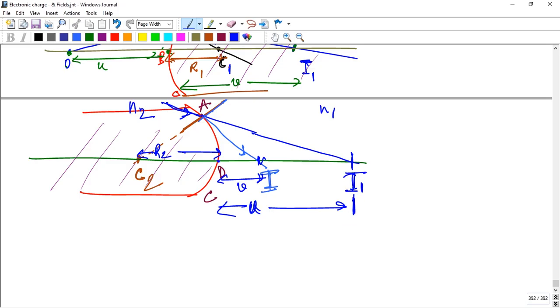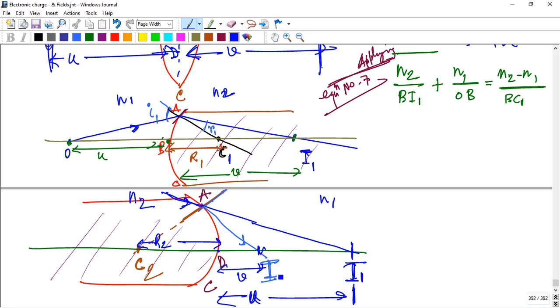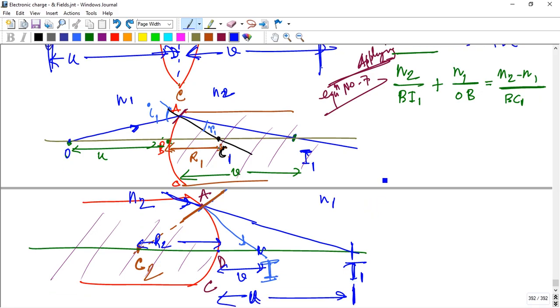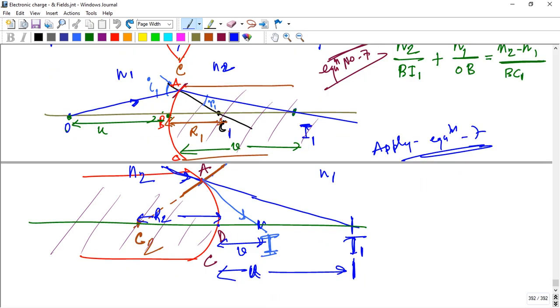Now I1 is treated as the object here. That is the important point. Now apply equation number 7, the same as before.